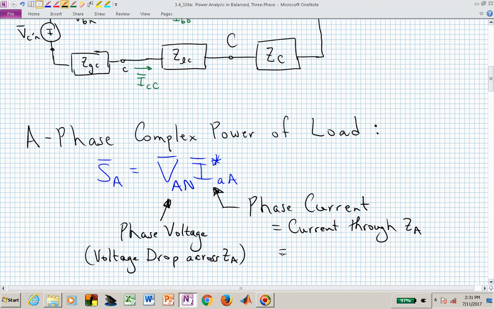And you could also say that in this particular interconnection structure, this A phase current is actually the A phase line current. So this is the line current in a Y-connected load.